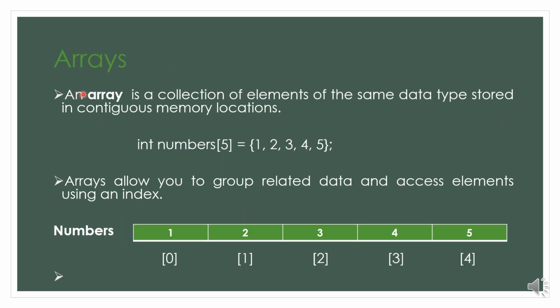What is an array? An array is a collection of elements of the same data type stored in contiguous memory locations. For example, suppose a teacher wants to store the roll numbers of 5 students in a class. One way is to use a separate variable for each student's roll number.